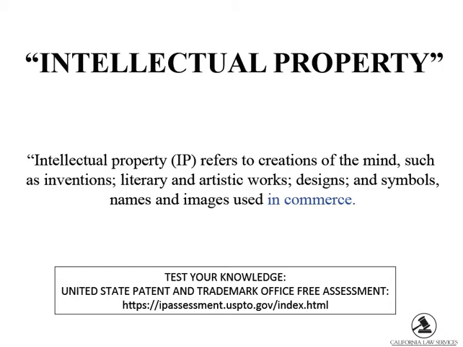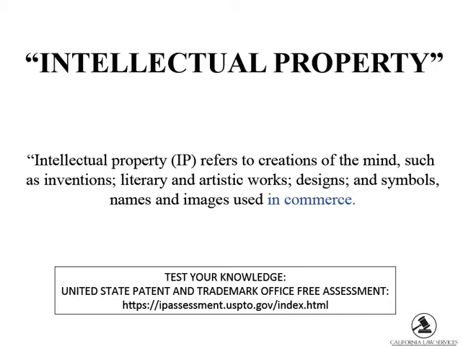Let's go ahead and start with what intellectual property is. Intellectual property refers to the creations of the mind, such as invention, literary and artistic works, design and symbols, names and images used in commerce. Now, I have attached a link at the bottom for you called Test Knowledge.